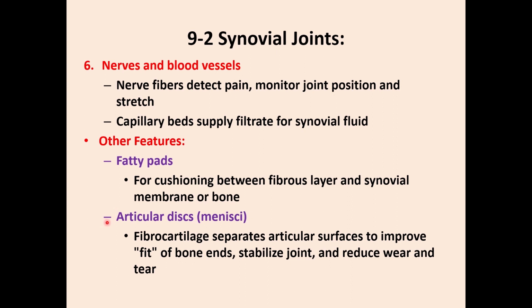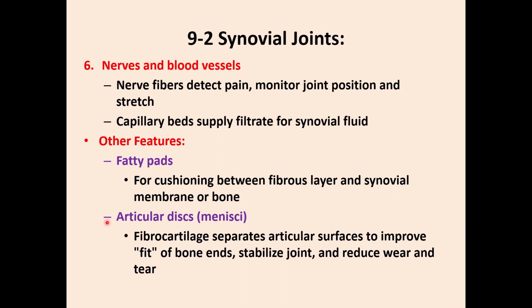There is also fibrocartilage in some joints. Those are called articular discs or menisci. Meniscus is the singular form, menisci are the plural form, and they are actually increasing the size of the joints. It is improving the fitting of one bone on the other bone.